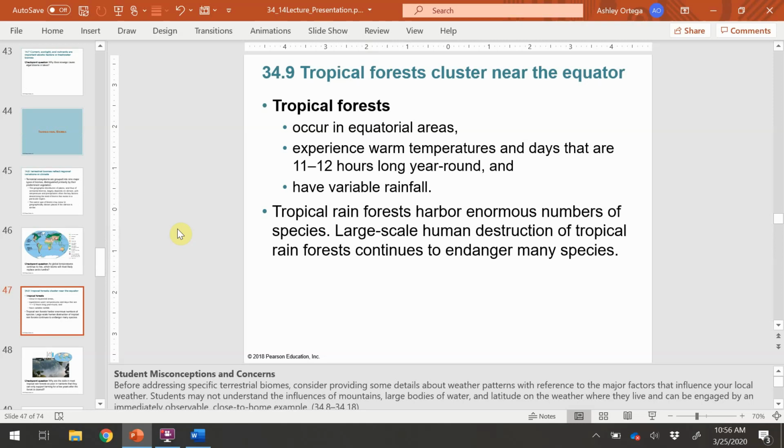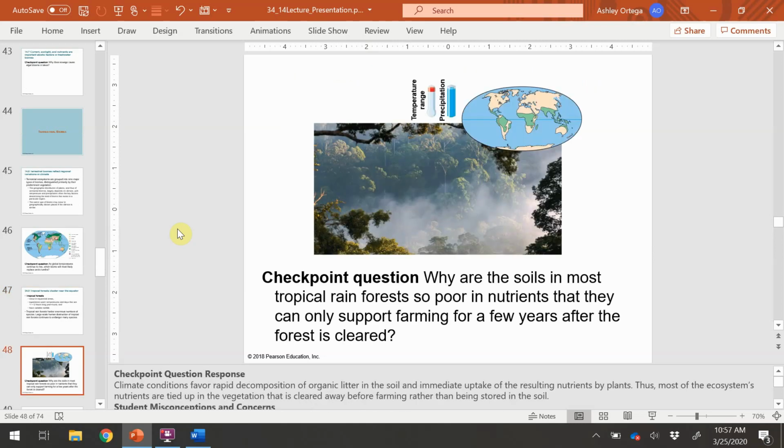So vertical, like up and down layering of trees or shrubs, how high they go, and so that they compete for the sunlight in those regions is highly competitive. And so here you can see an image of tropical rainforests, and you can see some vertical layering, different levels of trees and shrubs.